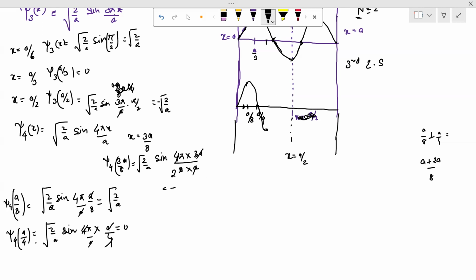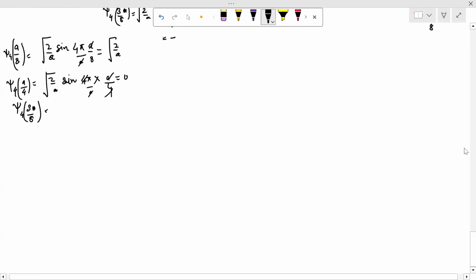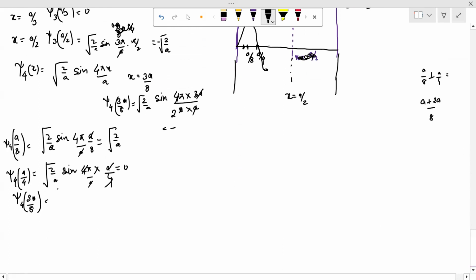Now if I take psi 4 at 3a upon 8, it will give me minus of root over 2 upon a. Is that fine or not fine? I hope it is clear till now. So it will give me a negative of root over 2 upon a. So at 3a upon 8, I have made it on the negative side.